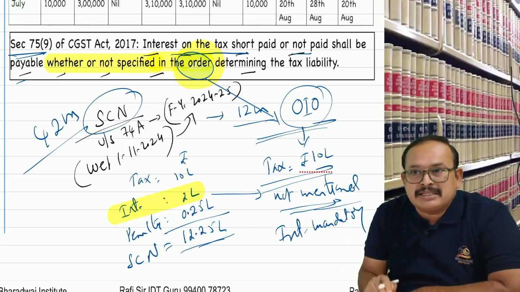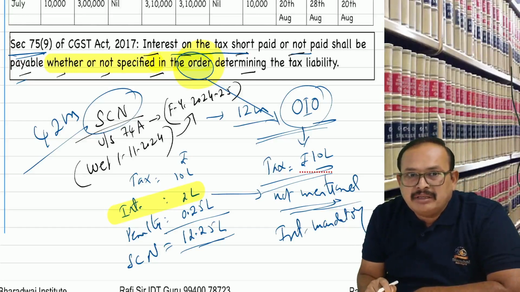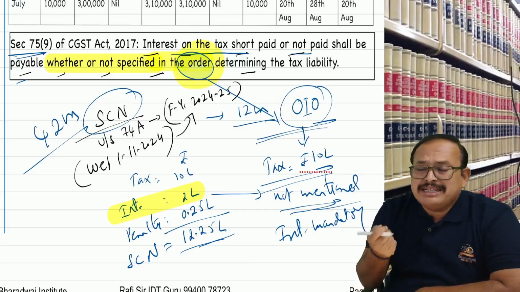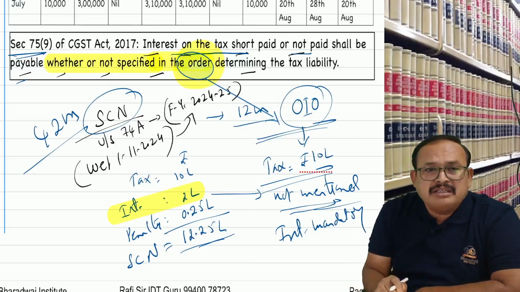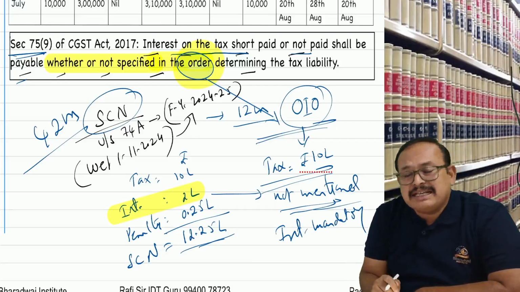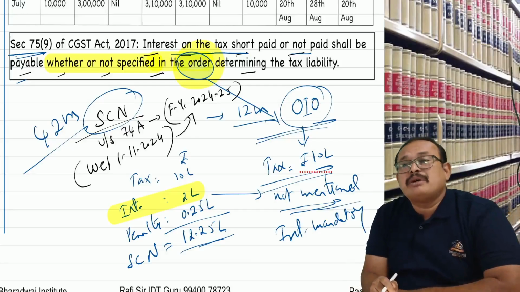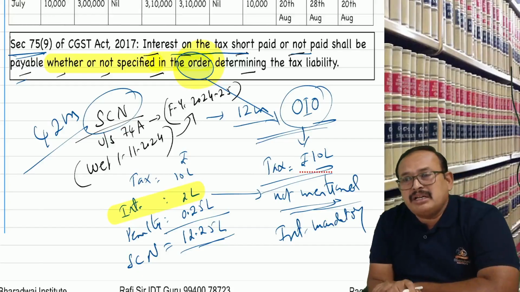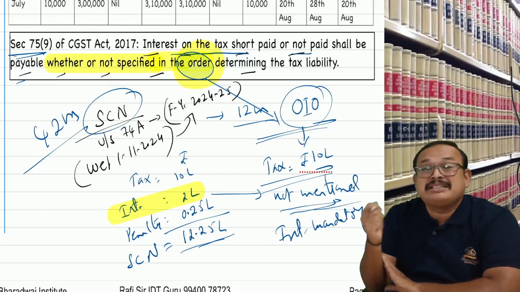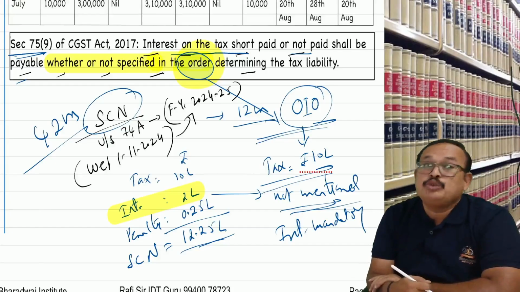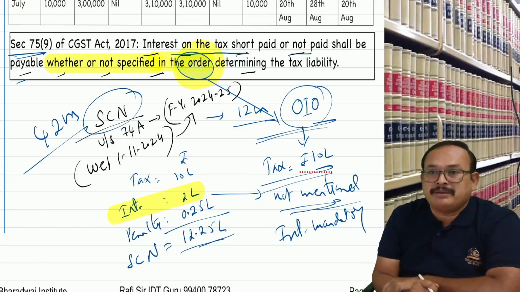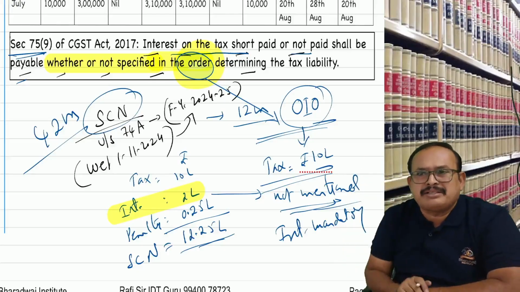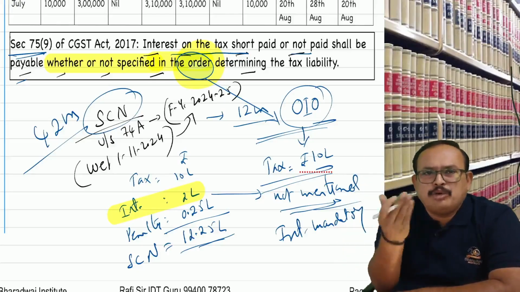Input tax credit is excess claiming, thereby causing revenue loss, or input tax credit wrongly availed or wrongly utilized. In those cases, 24% interest per annum will come. Tax not paid by having excess ITC, you utilize it, then 24% interest per annum. Sir, if it does not belong to an input tax credit matter, sir, 12% GST is liable to be paid.